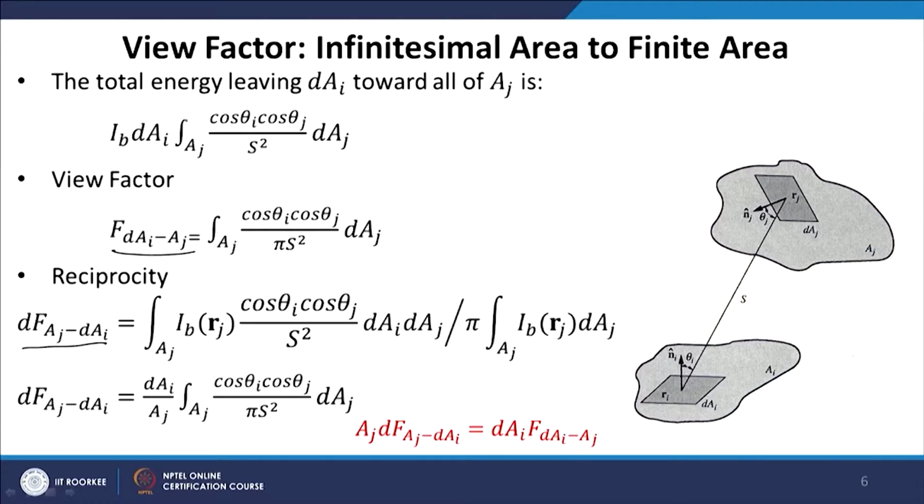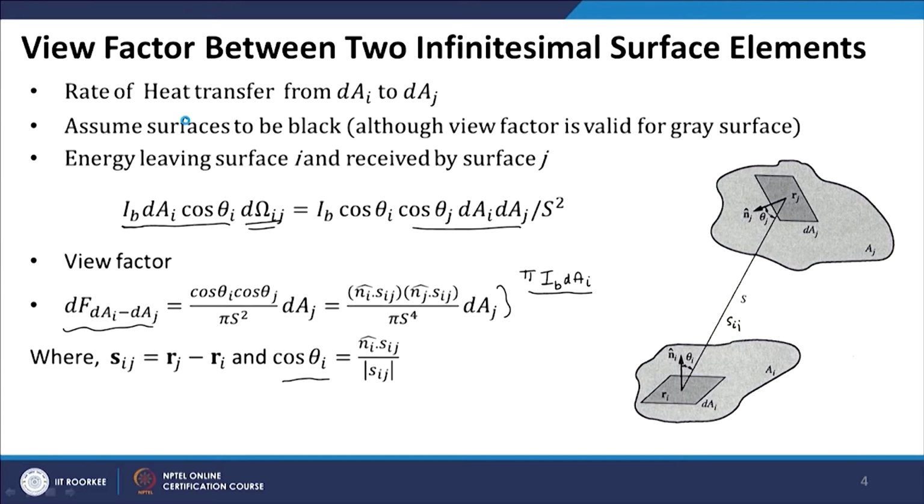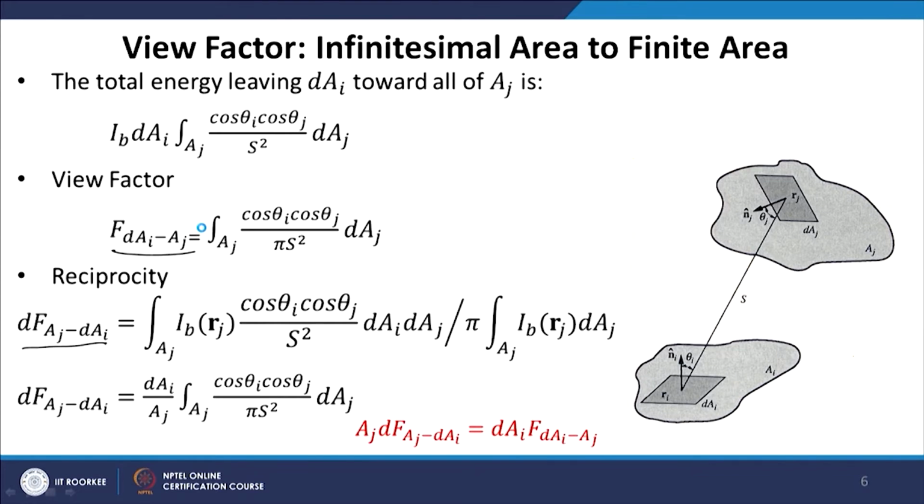The total energy leaving surface dAi towards the entire area Aj. So, all we have to do is use the previous expression that we basically used. We used this expression Ib dAi cos theta i d omega ij and just multiply or integrate over the entire area dAj. So, this basically gives you the total energy leaving dAi towards all of Aj.